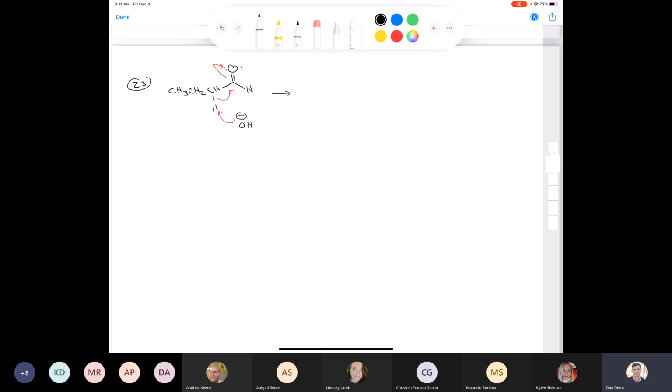So let's draw what the enolate would look like. Like that, and that's going to react with another molecule of the aldehyde. I'm just going to draw it in a different way here.